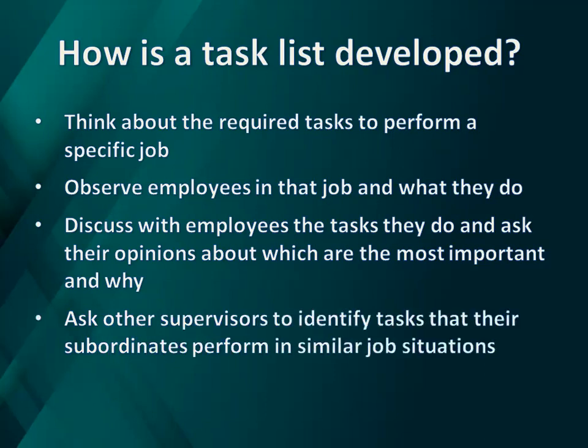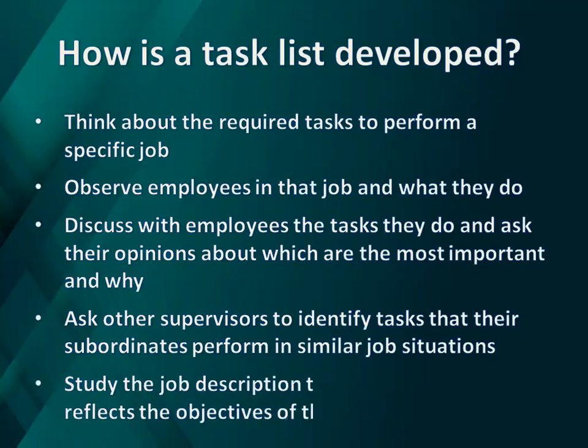Ask other supervisors to identify tasks that their subordinates perform in similar job situations. Study the job description to see how accurately it reflects the objectives of the specific job.